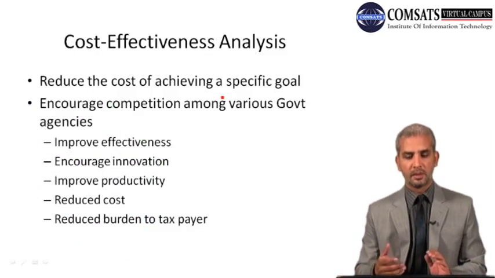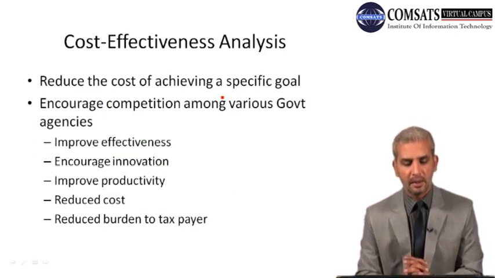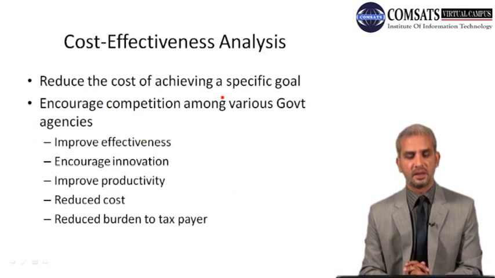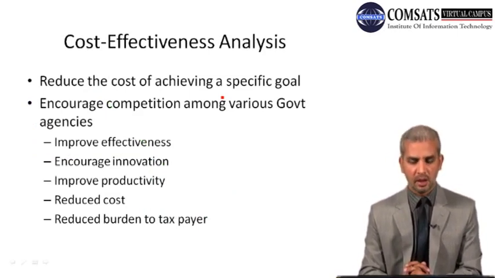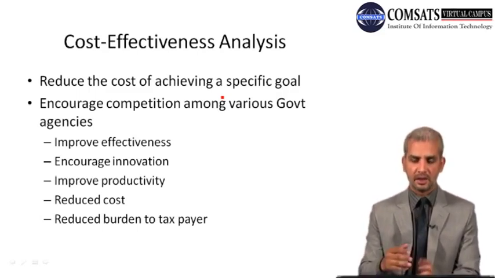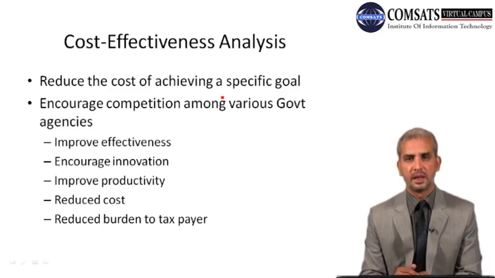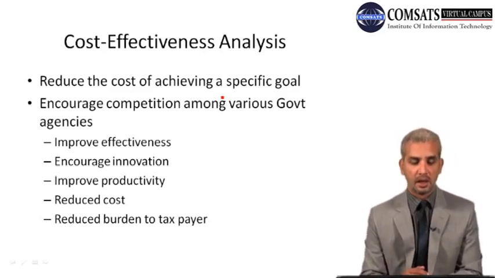Now, as I have been discussing, the aim of cost effectiveness analysis is to reduce the cost of achieving a specific goal. The goal in our example was saving 5,000 lives, and that objective has been achieved by the government, but at the lowest possible cost.